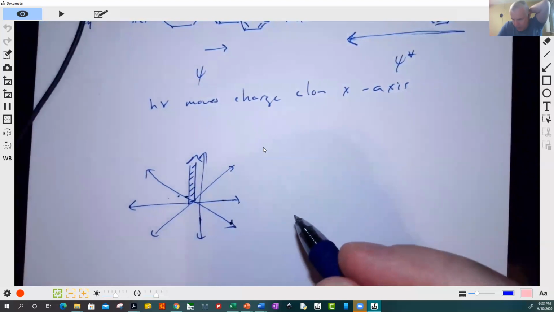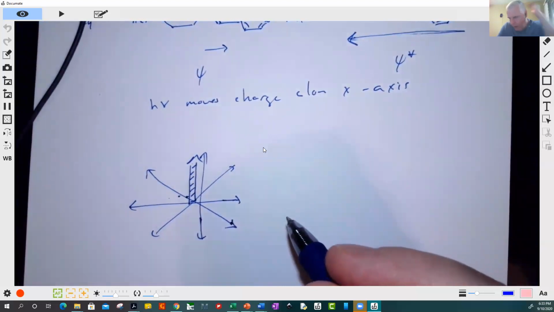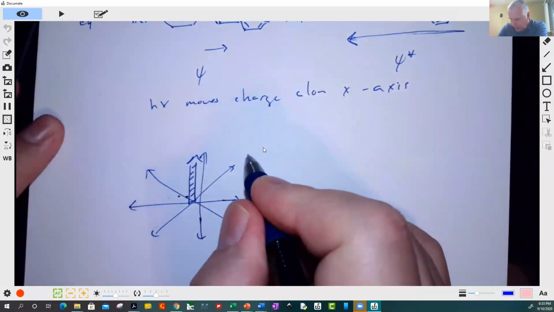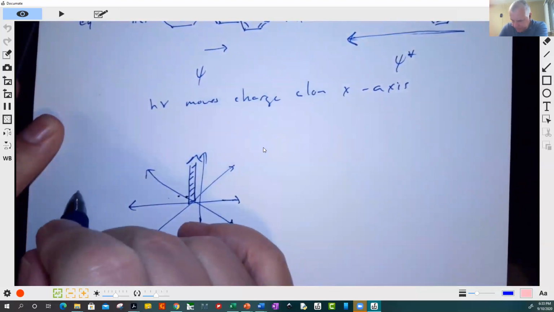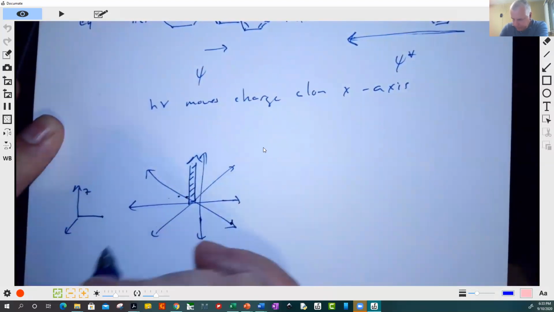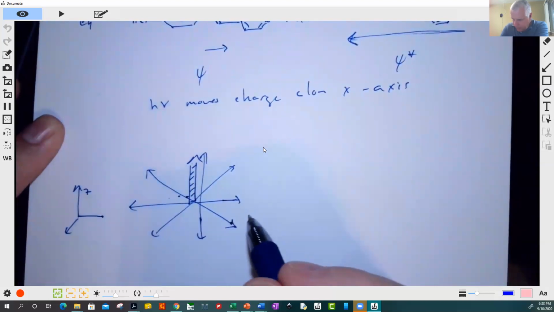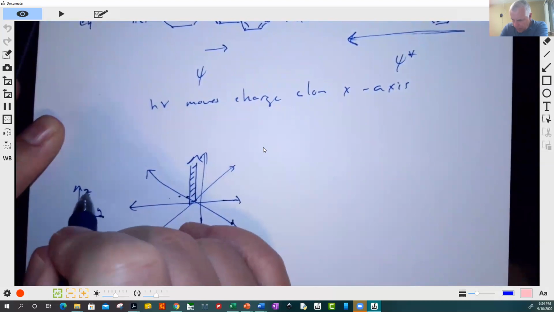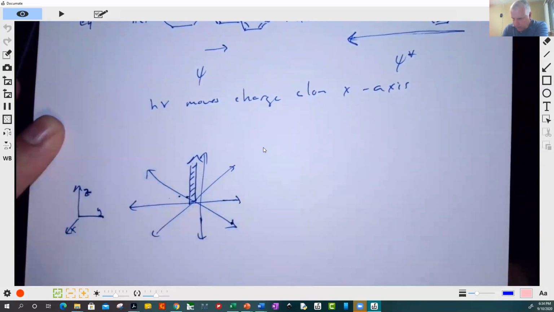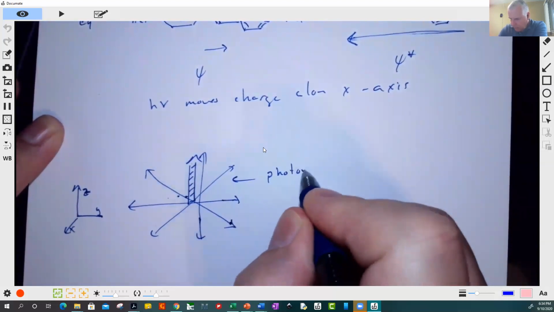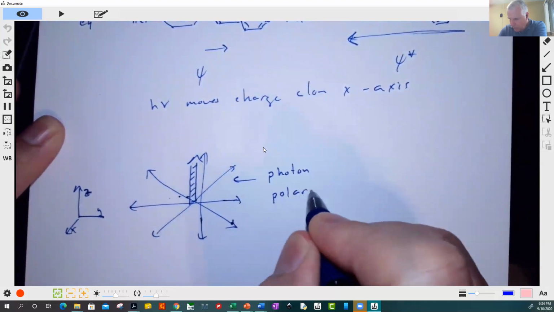And so this is going to be sort of in the YZ plane of the molecule, right? Oops, this is going to be Y, that's going to be Z, and then X will be sticking out from the page there, right? And this is the photon polarization.